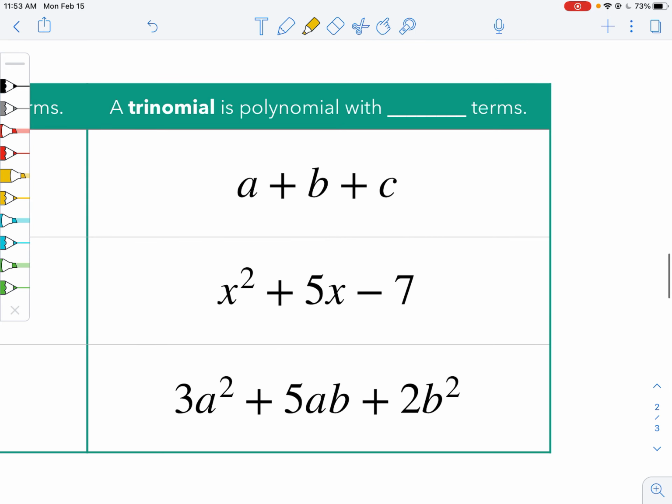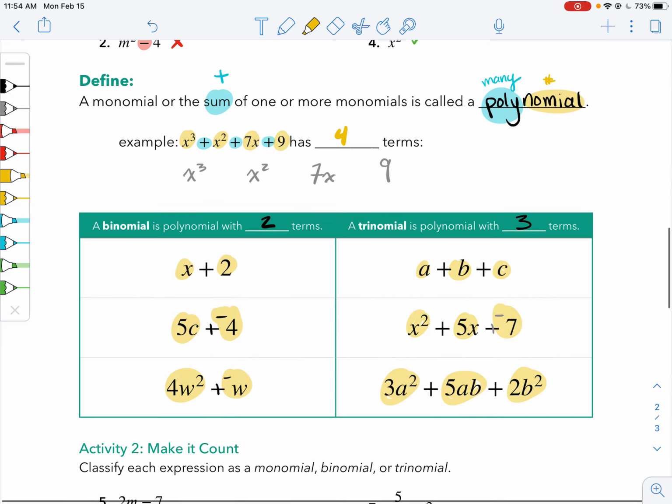And then a trinomial, just like a tricycle has 3 wheels, a trinomial has 3 terms. So you've got a plus b and c, x squared plus 5x plus negative 7, 3a squared, 5ab, and 2b squared. So the terms are the things that are separated. The terms are monomials separated by pluses or minuses.